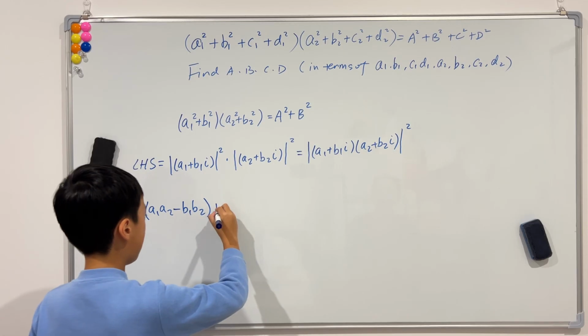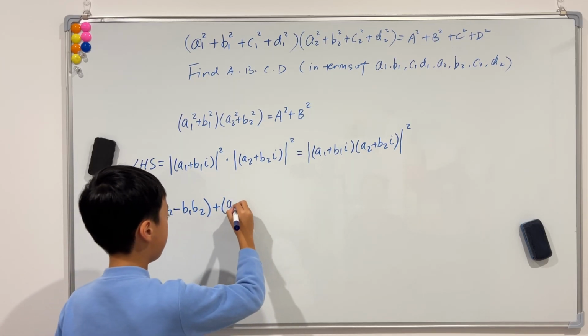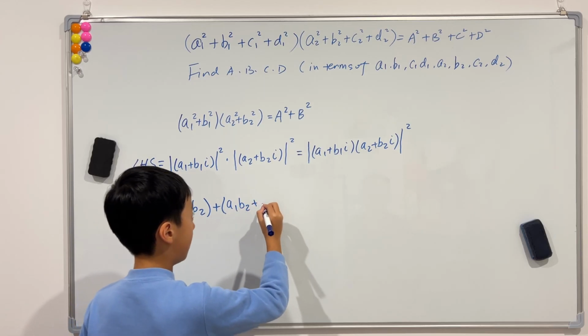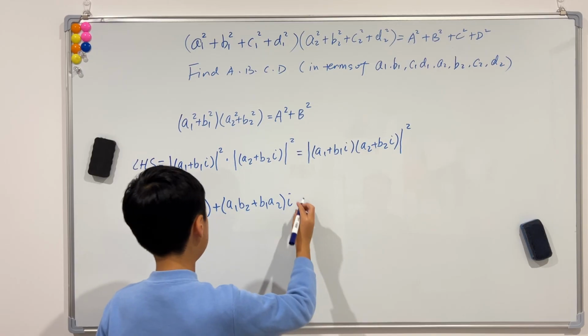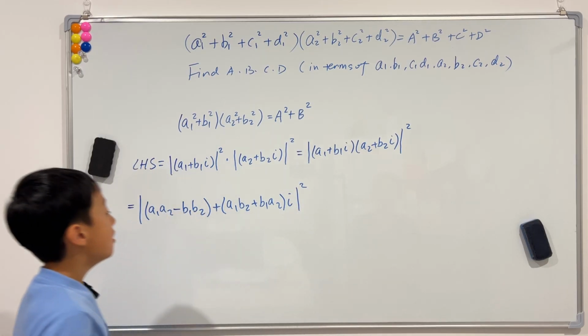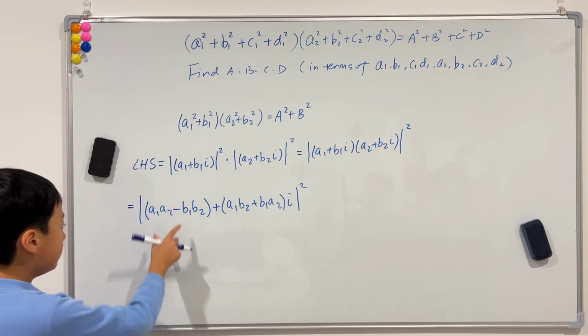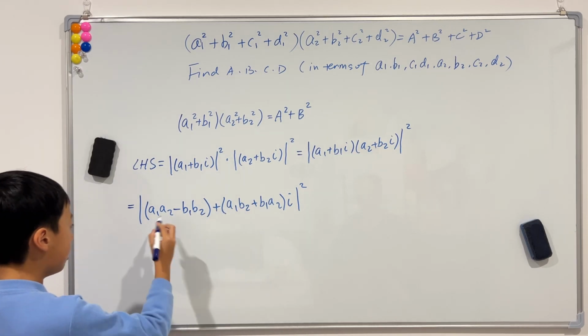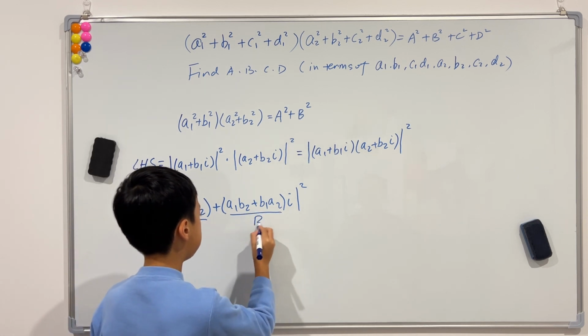Then we add the imaginary part, a1 b2 plus b1 a2, times i. We know that the modulus squared of this is easily this squared plus this squared, so this is the A and this is the B.